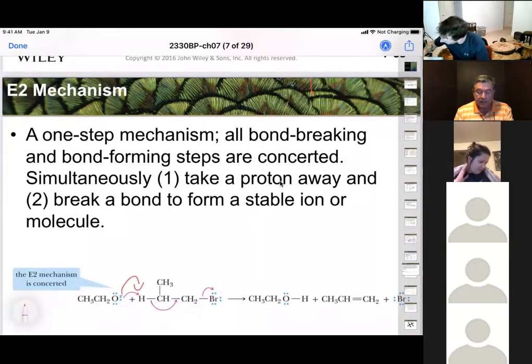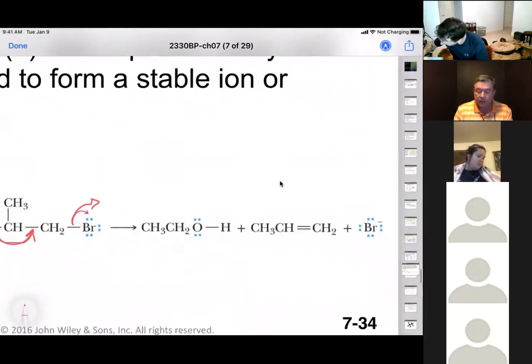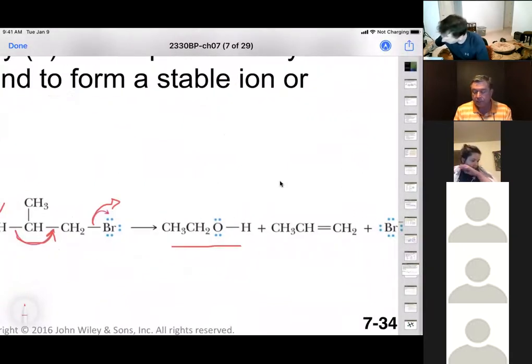That's liberating these other electrons to come over and get in between those 2 carbons. And when it does that, now we can have the electrons leave on the bromide ion. So we generate a neutral species and the bromide ion plus our new double bond. Again, this is a symmetrical molecule, so we only have 1 type of alpha hydrogen, so we only get 1 isomer.